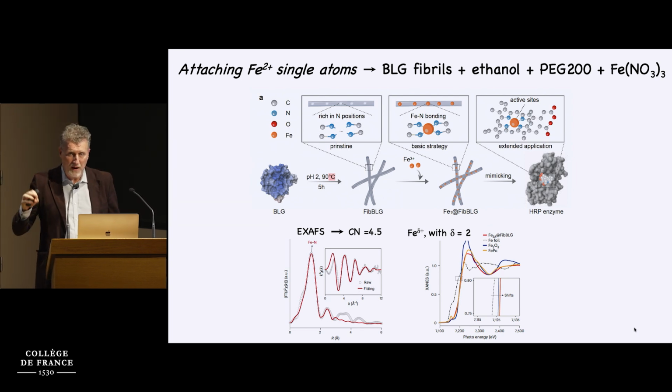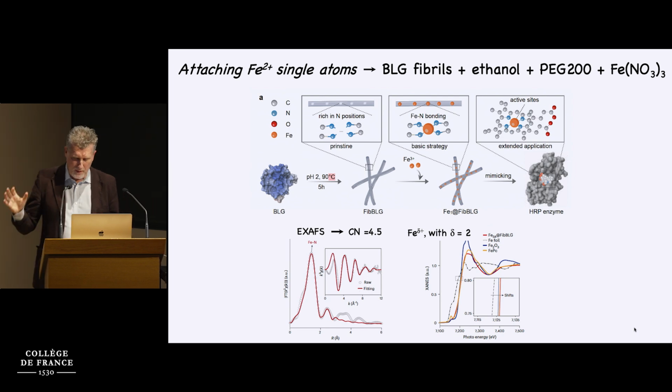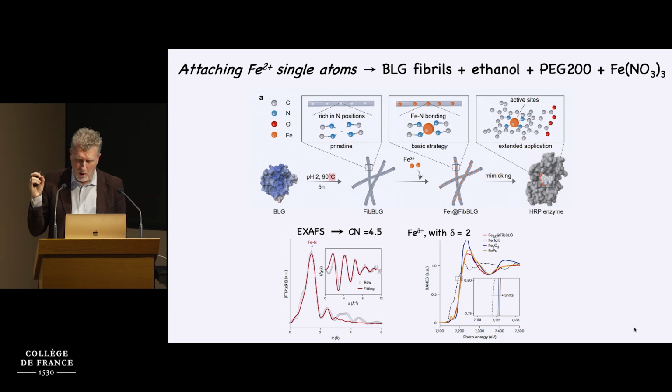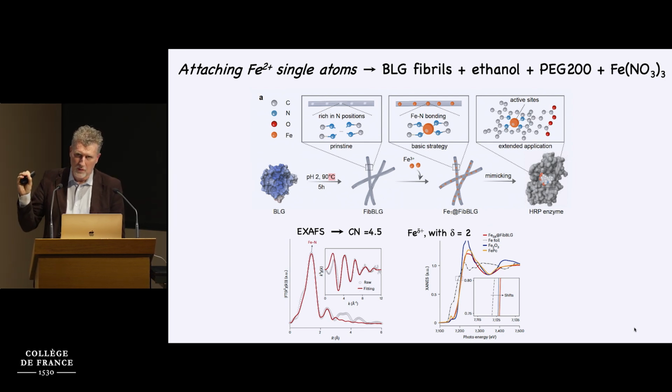So by combining several techniques, we actually confirmed what we wanted. That's why we start with this funny combination of solvents: we want to attach iron as iron 2 on the surface of the amyloid fibers. And why is that?